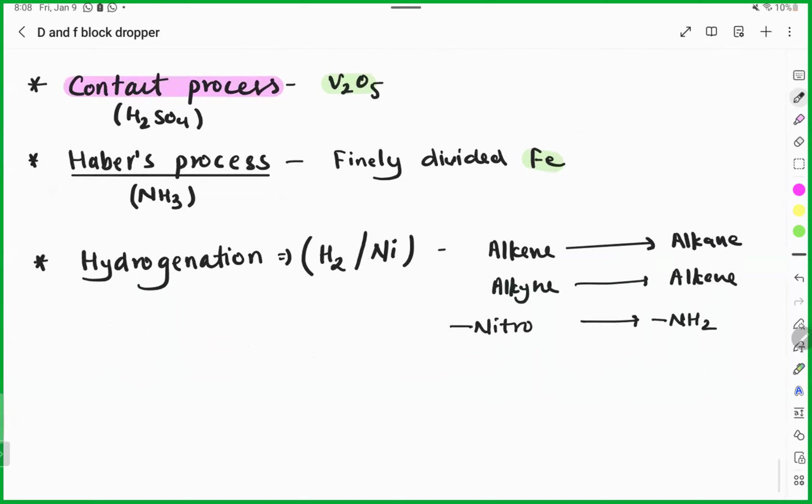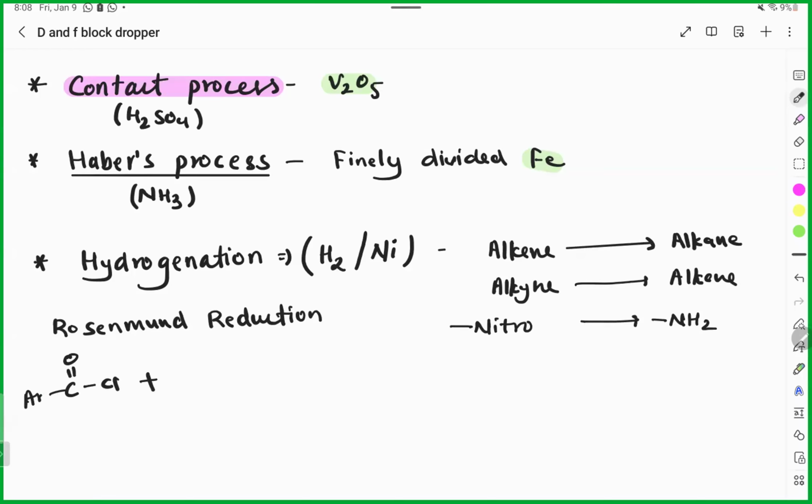Correct. You can use this in the Rosenmund reaction also, but in Rosenmund we use barium sulfate with palladium. So in Rosenmund reduction, if we do it, then you have this benzene ring, acid chloride.